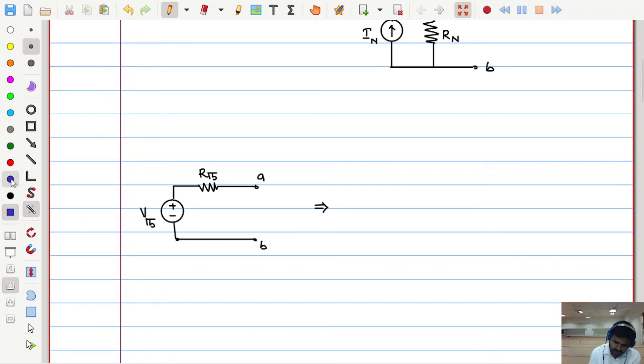If so, how can I convert and how much are the corresponding values? So a voltage source can be converted into a current source like this, where the current source value is equal to, when I short these terminals, how much current passes through that short circuit.